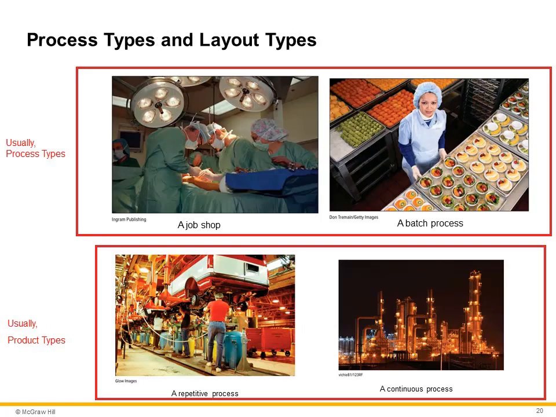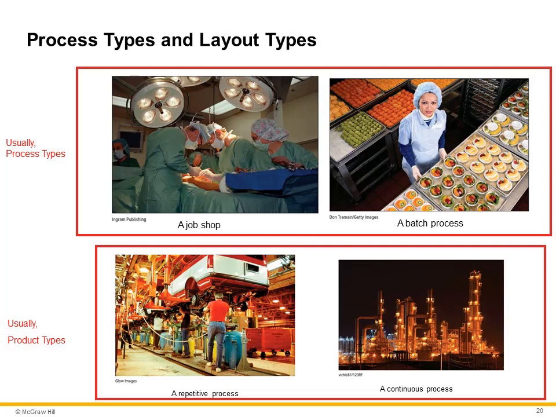So here we have examples for process types and layout types. We have an operating room for a job shop layout, a bakery for a batch process, the auto industry as an assembly process, and a refinery as a continuous process.